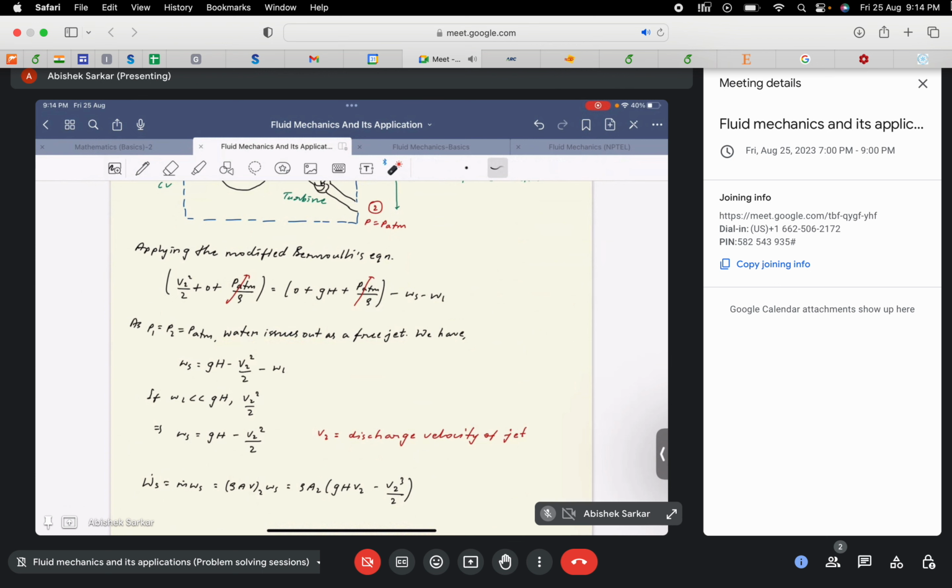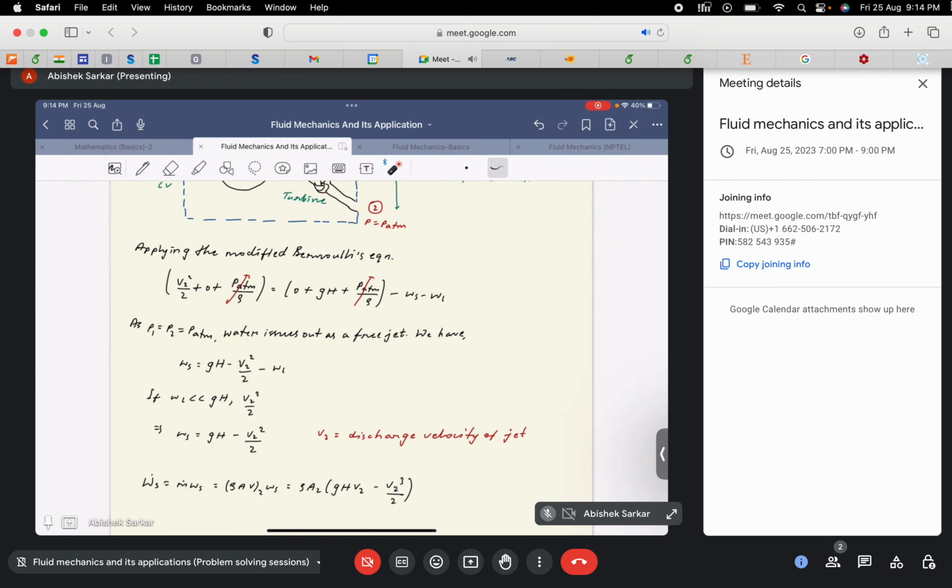Again, as I told, in the case of turbines and pumps, the choice of the control volume or the design itself makes it a proper conclusion that the head loss due to viscous dissipation is much lower than the head loss because of shaft work, or head addition or head extraction because of the shaft work.